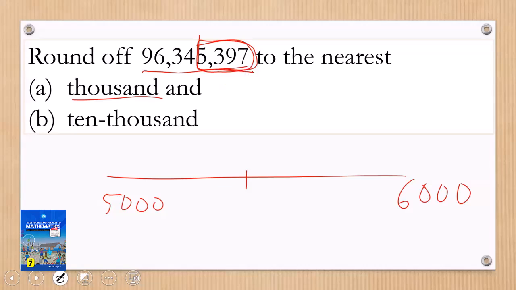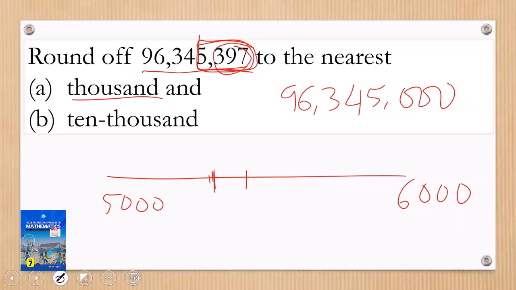The 397 is closer to 5,000 than to 6,000, so this must round down. So our answer will be 96,345,000, because this number 397 is not up to 500, and so it can be rounded down.